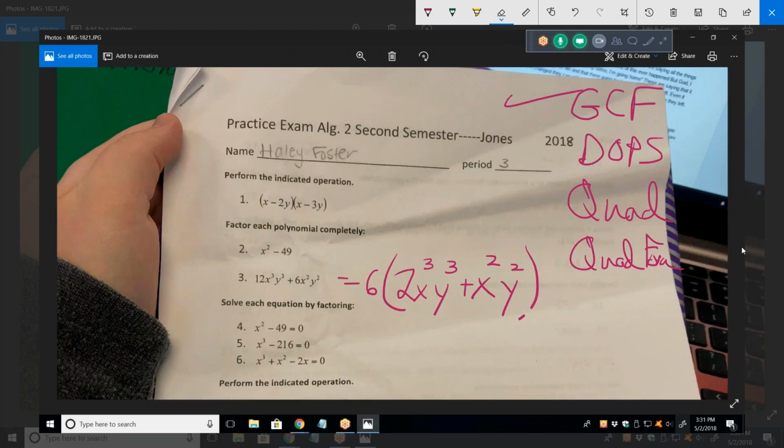Now, is there a variable we can take out? So all we dealt with was the number. How about let's look at the x. Is there any x that we can take out? You can take out 1x. You can take out x squared. By 1x, I meant what's the greatest x we could take out?